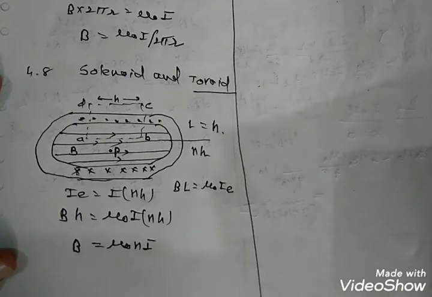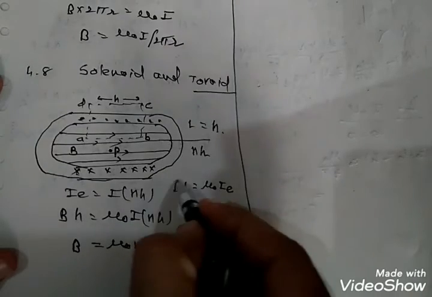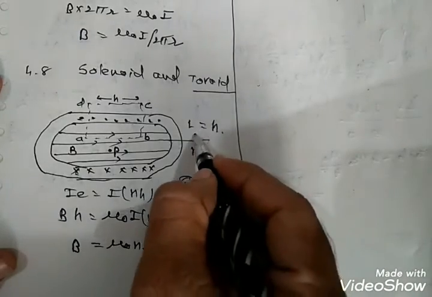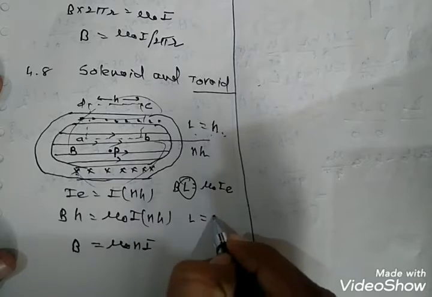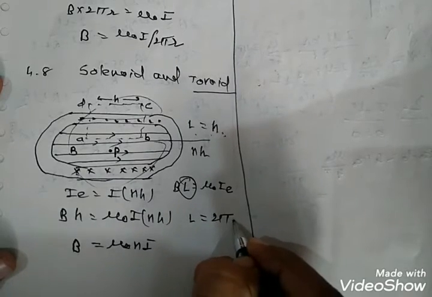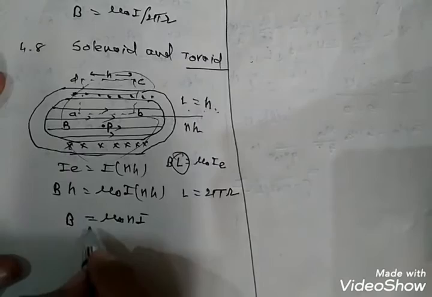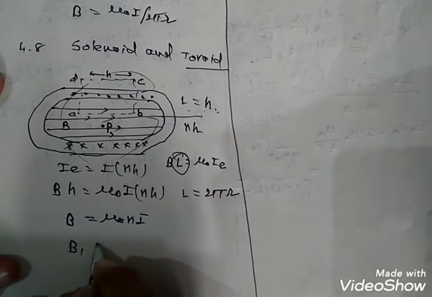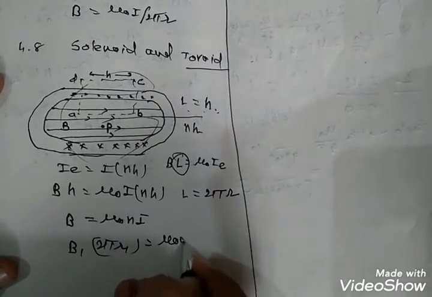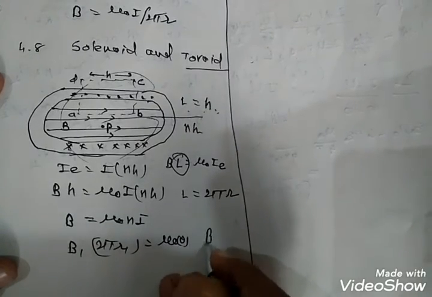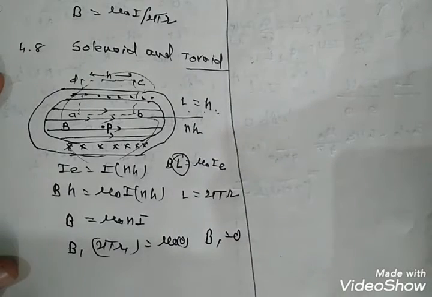Next, the toroid case. Let the magnetic field along loop 1 be B1 in magnitude. By Ampere's circuital law, L is equal to 2 pi r. For the solenoid L was equal to h; for the toroid L is equal to 2 pi r. So B1 into 2 pi r1 is equal to mu 0 times 0, so B1 is equal to 0.